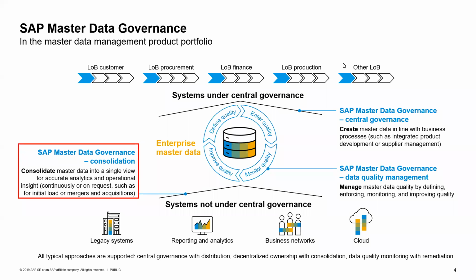And besides that, we now also offer a functionality called data quality management, which helps you to manage your data quality using special quality rules, which give you an insight into your data, allow you to find quality issues and also to correct them.